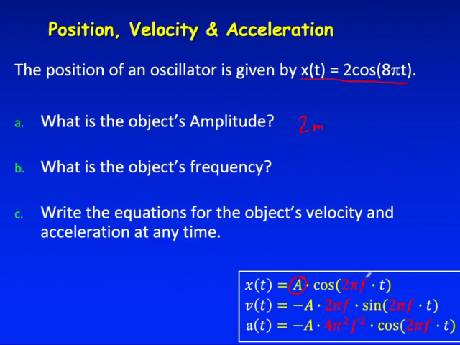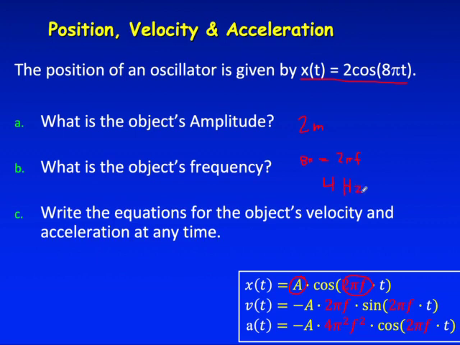Well, if you look inside of this, it should be equal to 2 pi f times t. In this case, we've got 8 pi. 8 pi must be equal to 2 pi f. Oh, sorry, it's too slow for me writing on this thing. And so most of you can see obviously what the frequency is in this case. The frequency must be 4 hertz. And again, remember the units for frequency are hertz.